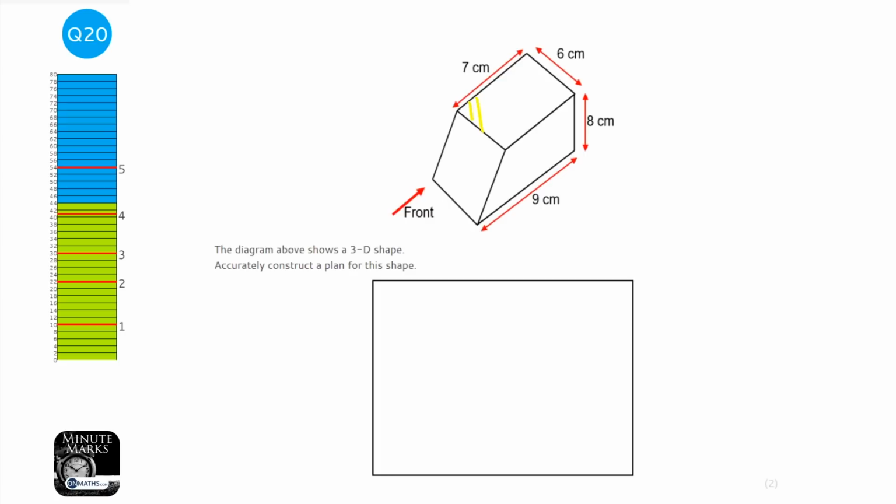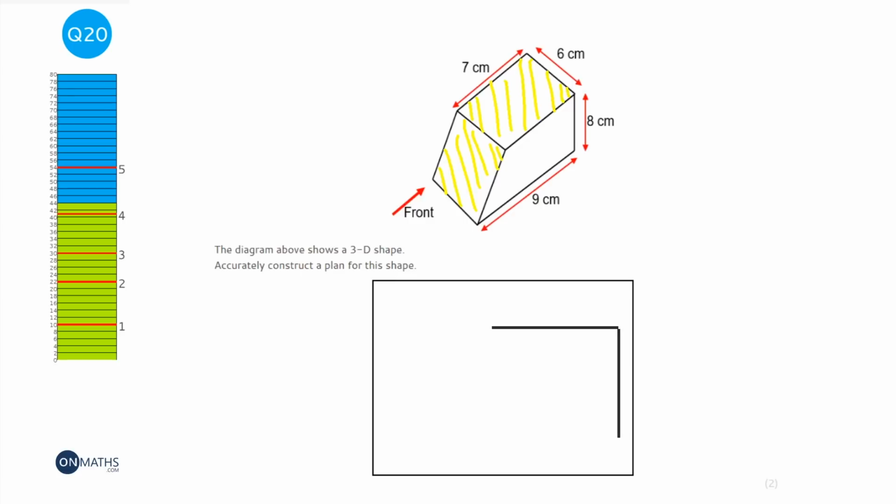So what of this shape are we going to see from the top? Well, we're definitely going to see this one. But we'll also see this one as well. Now, we've got to work out what the sizes of them are going to be. Well, the top one's easy. It's just 7 centimetres by 6 centimetres. Now, I'm not going to be able to draw this accurately because I don't have a ruler.